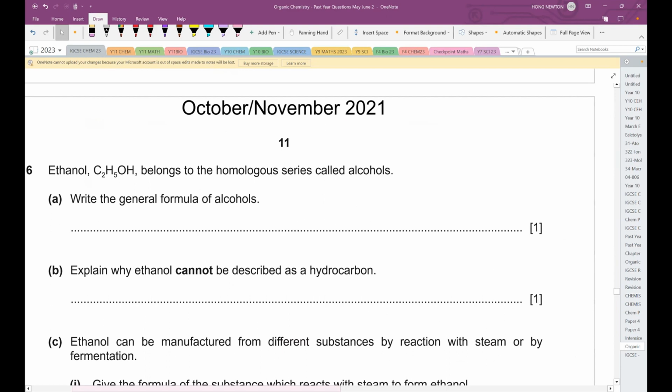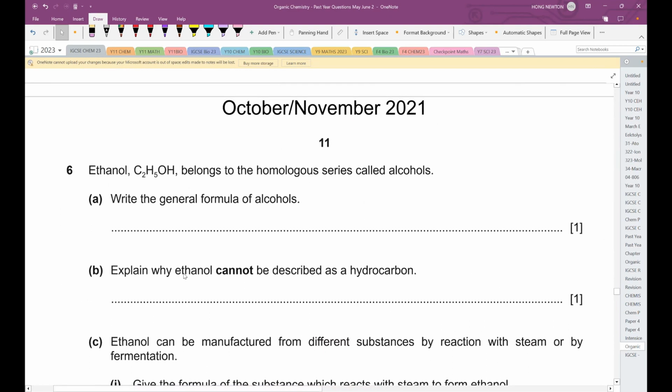Okay, now question 6. Question 6, November 2021. Ethanol belongs to a homologous series called alcohol. You see, a lot of information over here. Ethanol, 2 carbon. Homologous series called alcohol. So what is the general formula for alcohol?